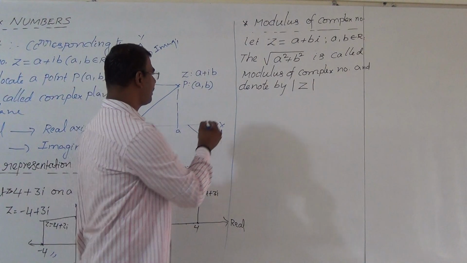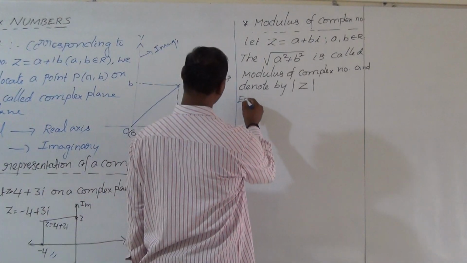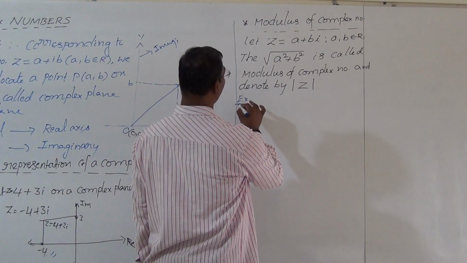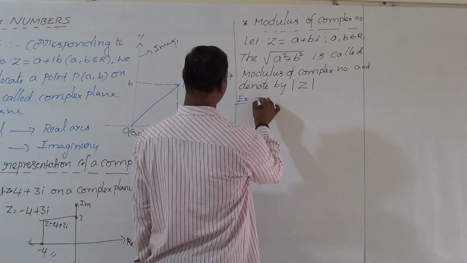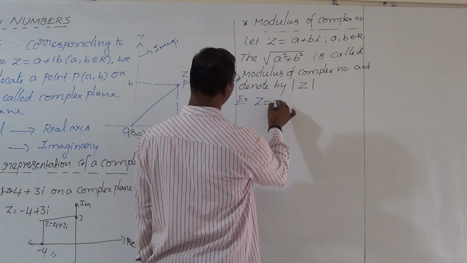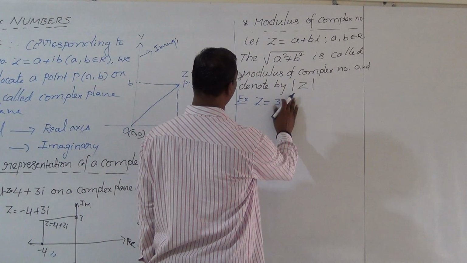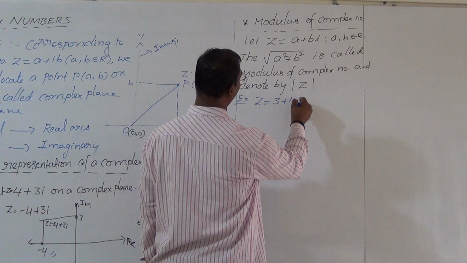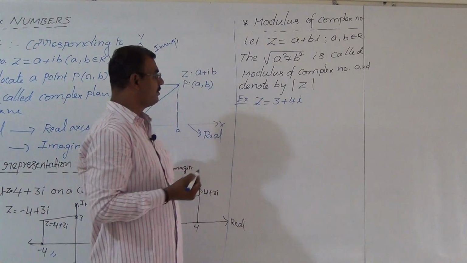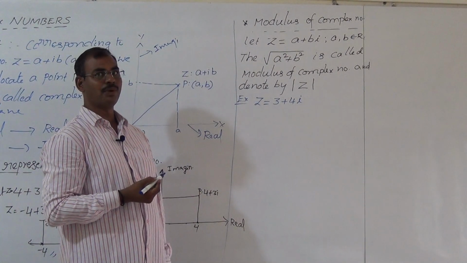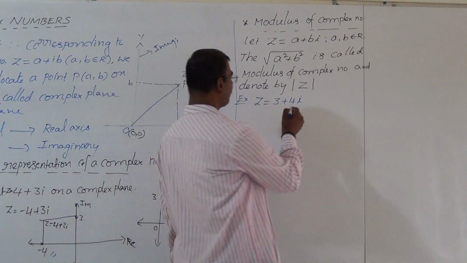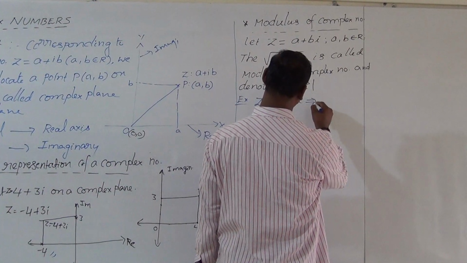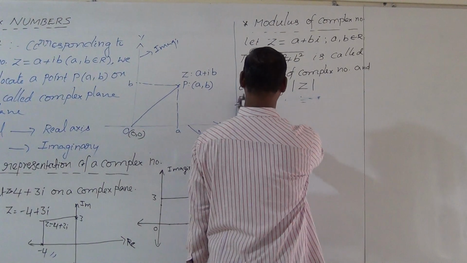Okay, now let us see some examples. Find the modulus of z is equal to 3 plus 4 iota. The modulus of a complex number is mod of z.